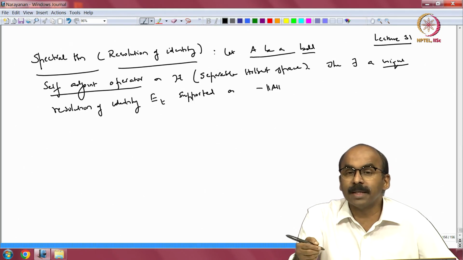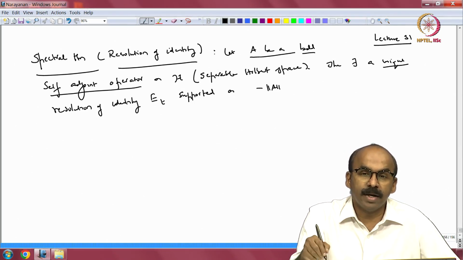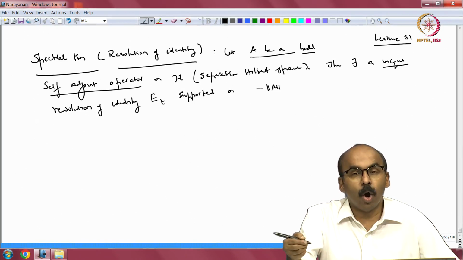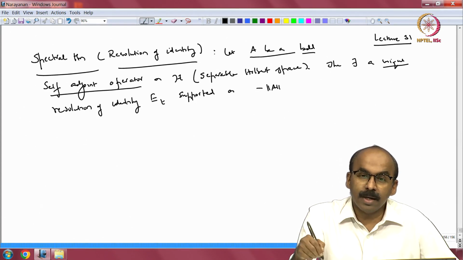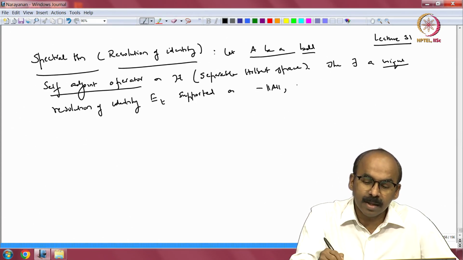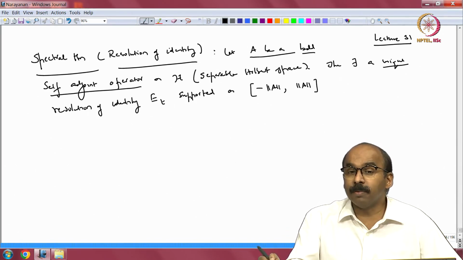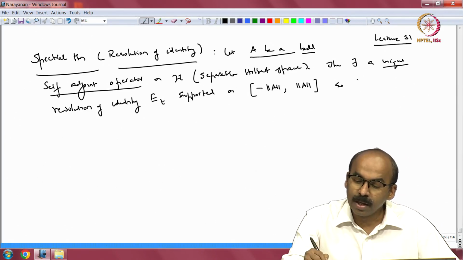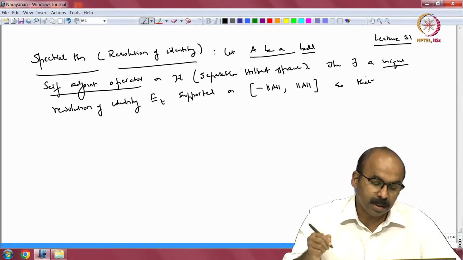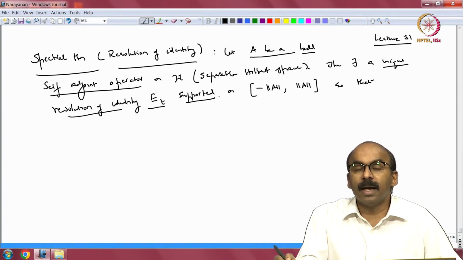It is a compact set in the real line, and we know that the spectrum is contained in a ball of radius norm of the operator, here norm A. But it is also contained in the real line, so it will be contained in the interval minus norm A to norm A. It may be much smaller than this, but surely the resolution of identity is supported in that interval.